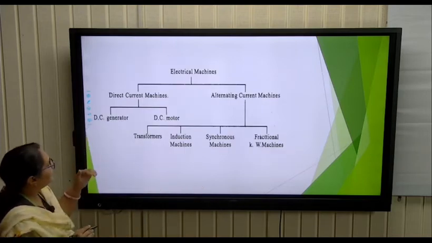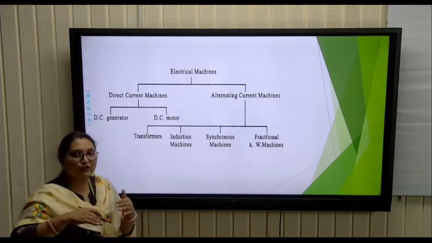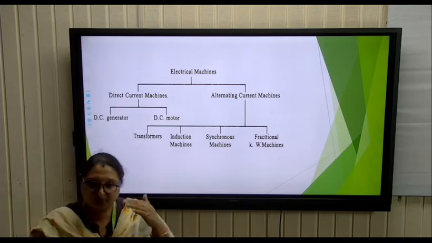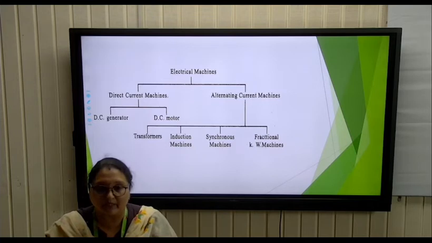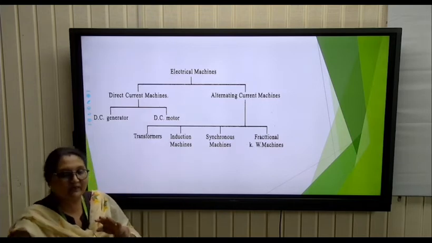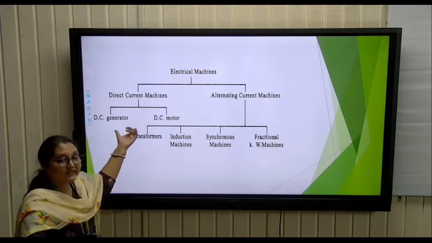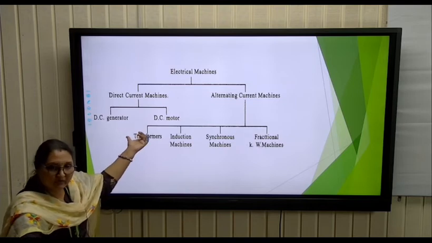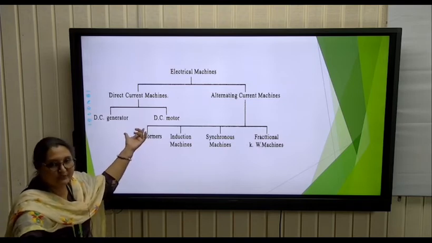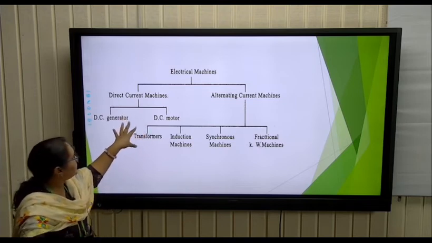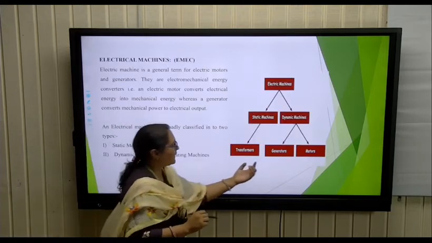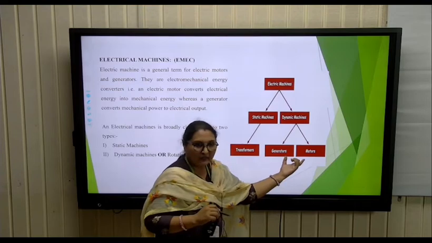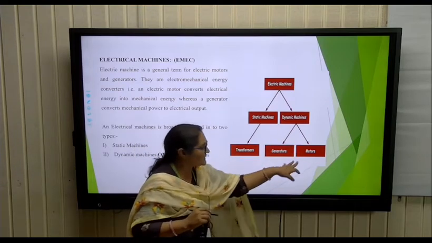Now here you can see that there is another way of classifying machines. The first way of classifying is based upon the static and the rotating parts. Another way is based on the type of machine, whether it is an AC machine or a DC machine. This is the further classification of the dynamic part.